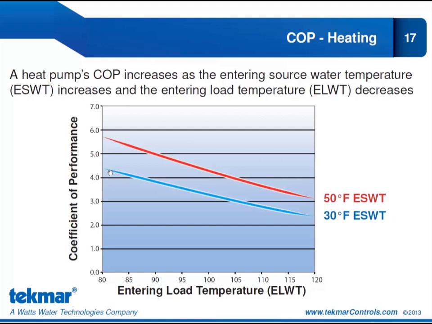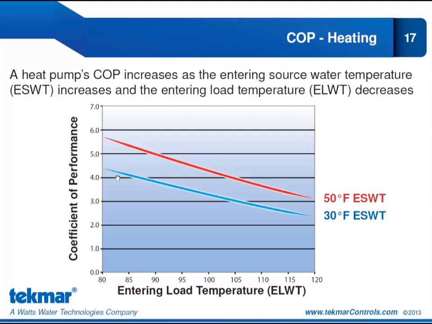We can also see that there is a difference in the efficiency with regards to the entering source water temperature. So that's the temperature of the fluid that we have coming out of the ground heat exchanger into our heat pump. So we have two examples here, one where the entering source water temperature is 50 degrees and one where the entering source water temperature is 30 degrees.